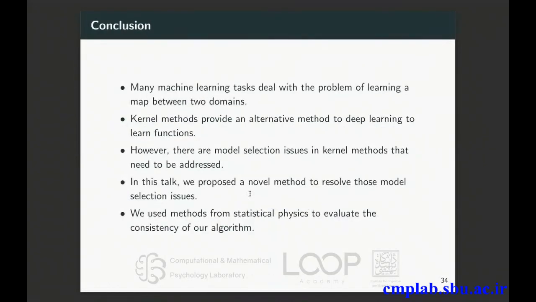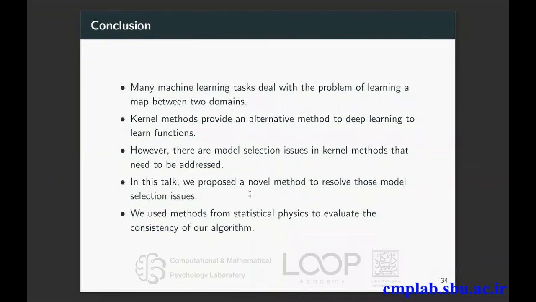So I want to conclude my talk. This talk was about different models of machine learning based on kernels, and I talked about some issues with these kernel models. They typically facilitate training, but they also have their own model selection problem.